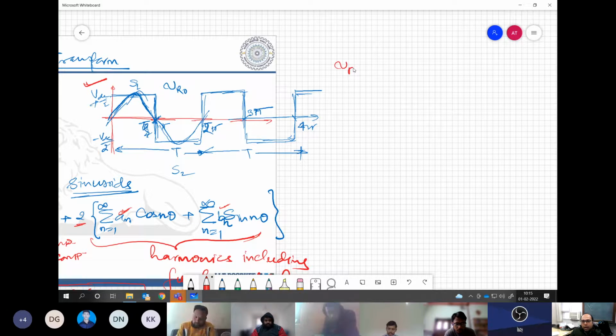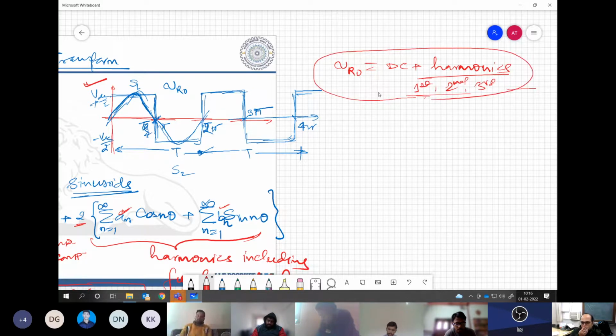This VRO we will express as, again, whatever I have written: some DC plus whatever harmonics are there. These harmonics include first, second, third, and so on, all the harmonics.